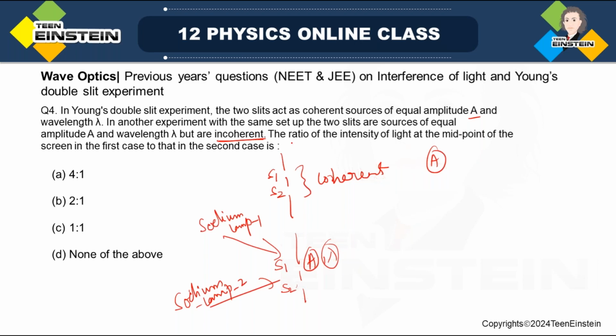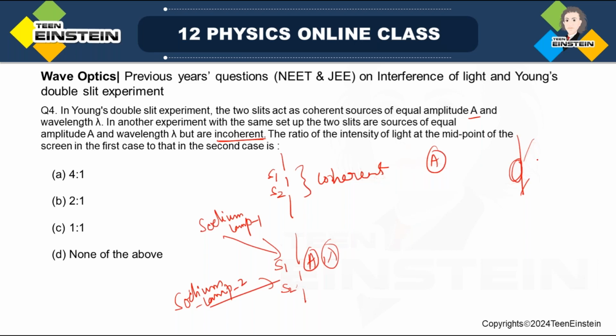So now these two setups are there. Now the question is, the ratio of intensity of light at the midpoint of the screen in the first case to the second case. That means, see what will happen in the screen middle point here.